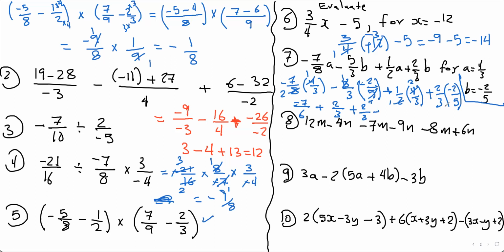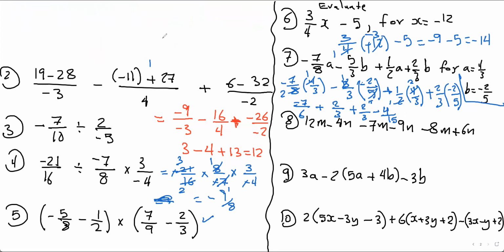Now that is 4 over 15. What I'm going to do is take this to the top here and finish it up here. So we have -7 over 6 plus 2 over 3 plus 2 over 3 again minus 4 over 15.